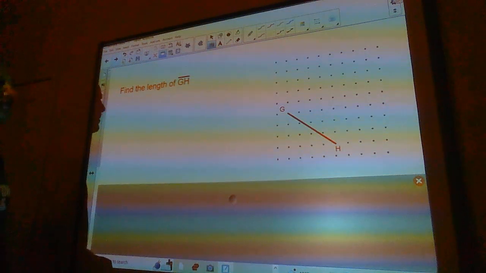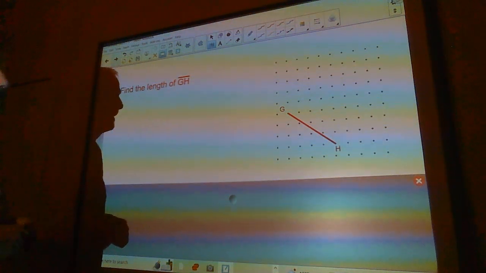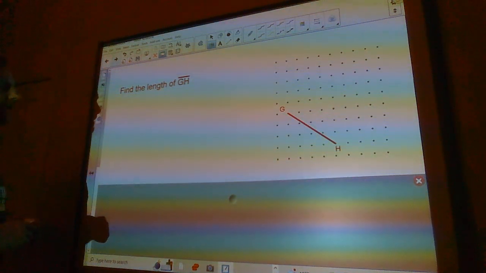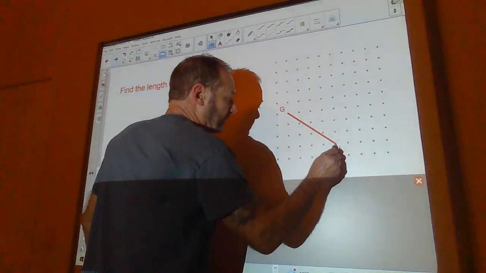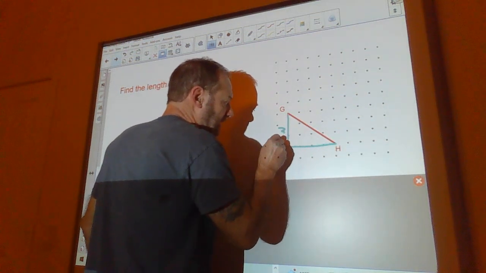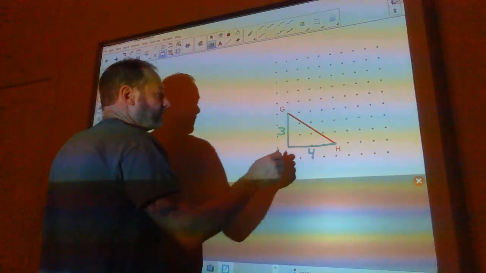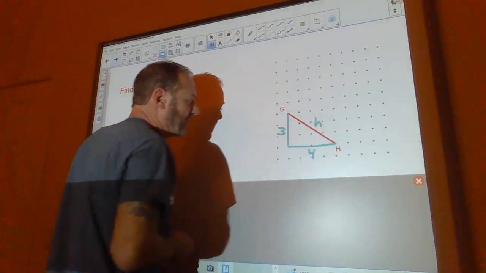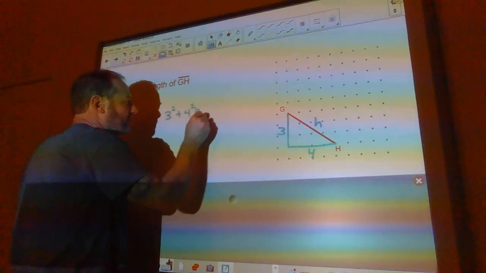Okay, so find the length of GH. Why don't you pause the video and give that a try, and then come back and see if you got it right. Okay, so what I would do is I would make a right triangle right here. I know that this is 3. I know this is 4. Okay, so we'll call this H for hypotenuse. So 3 squared plus 4 squared equals H squared.